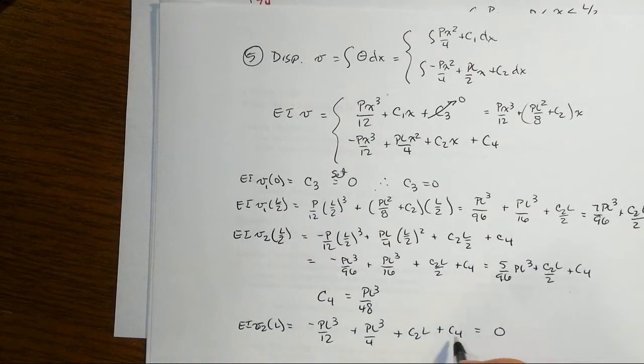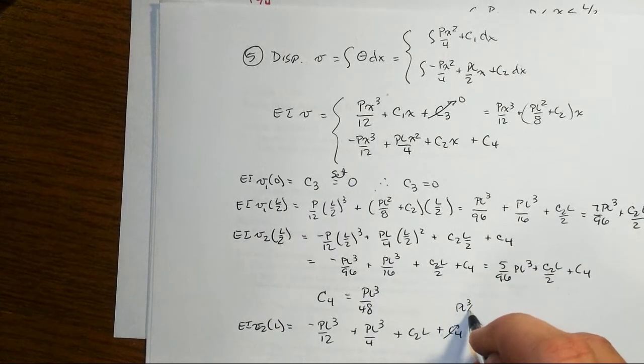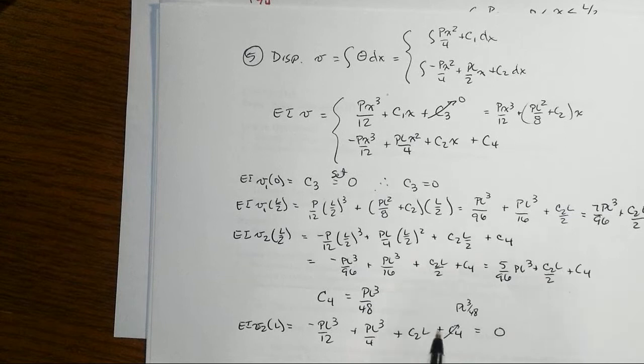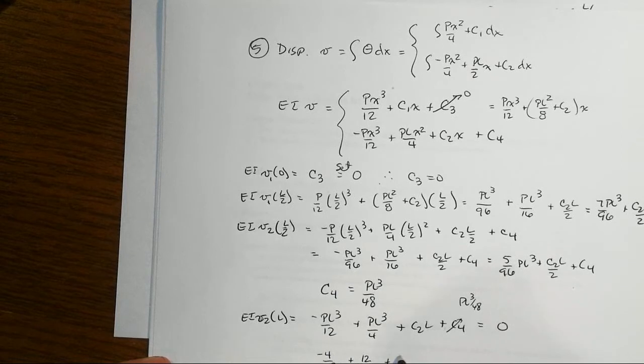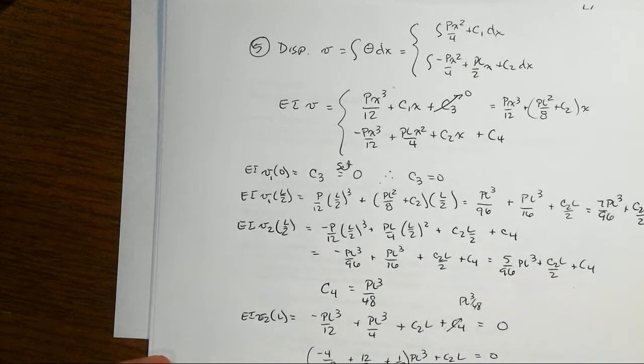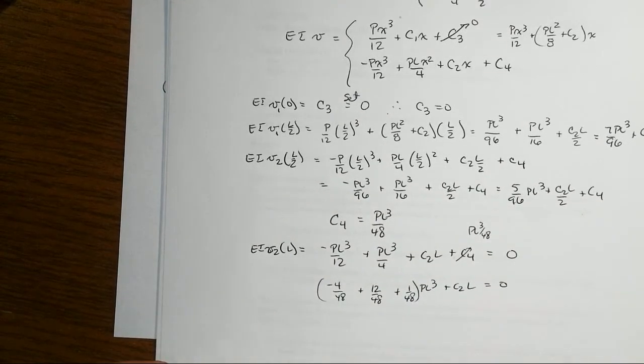Right? We know this is PL cubed over 48. And so this would be minus 4 over 48, this would be 12 over 48, plus 1 over 48, PL cubed plus C2L equals 0.